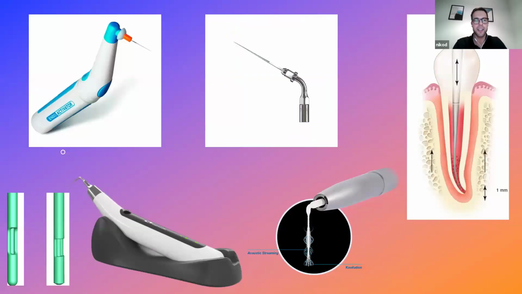These are the devices that I'm using for irrigation. I'm using safe syringes with openings located on the lateral side.